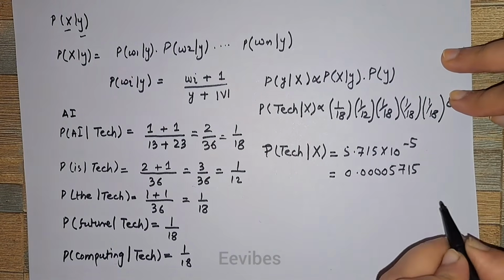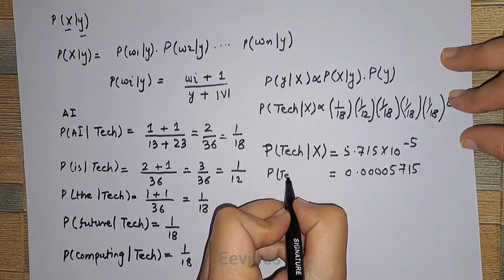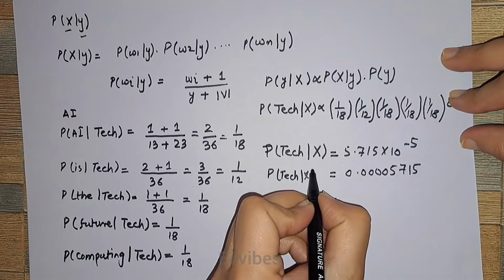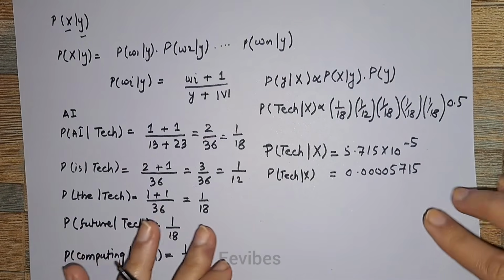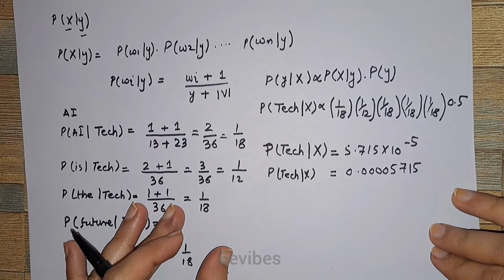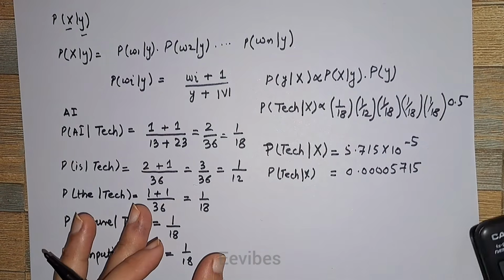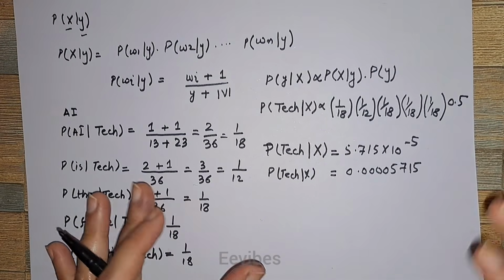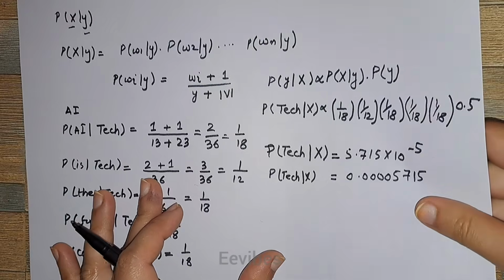Okay, so this is the probability of being from the tech class given this sentence. Now the next step is to determine the probability of being the non-tech class given these words. Fine. And then finally we will compare the probabilities of being tech and non-tech class, and whichever is the greater one will be assigned the class label.